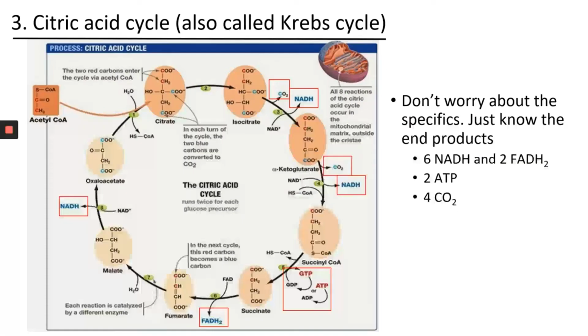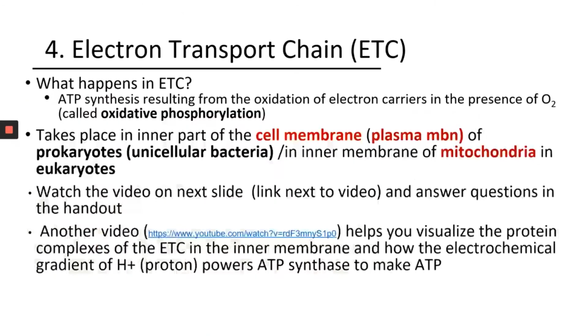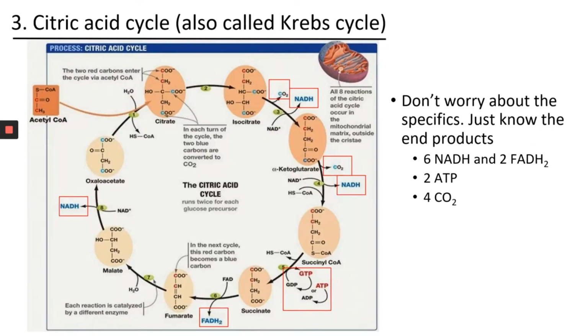Okay, next step, citric acid cycle. This is also called the Krebs cycle. So if you see Krebs cycle, they're really the same thing. Again, this picture is quite complicated. You don't need to memorize all the products generated in the pathway. You just need to know a couple things.